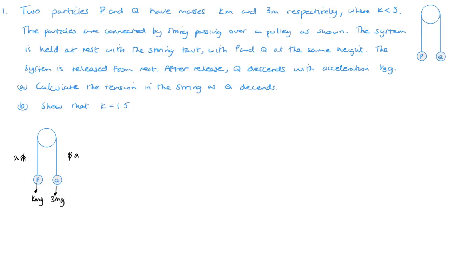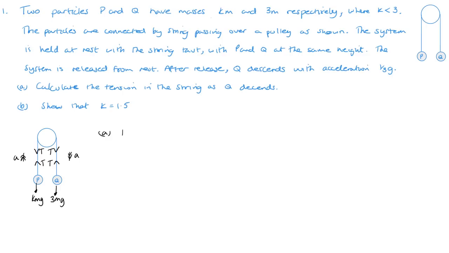The system is currently held at rest where the string is taut. Don't forget our tensions, they're all going to be equal, and they're held at the same height. The system is released. After release, Q descends with an acceleration of 1/3 g. Calculate the tension in the string.